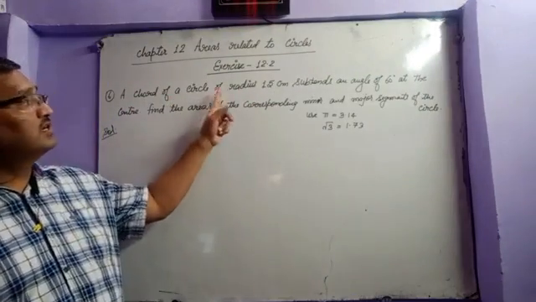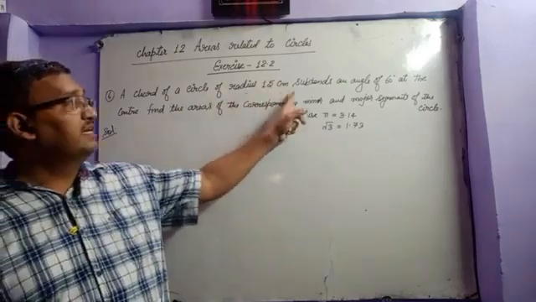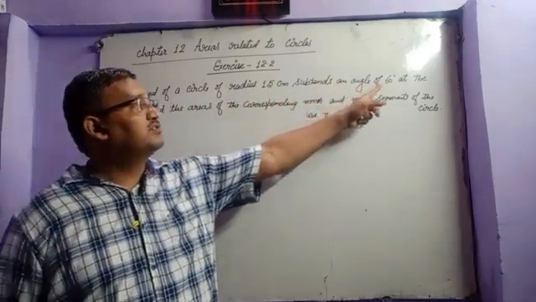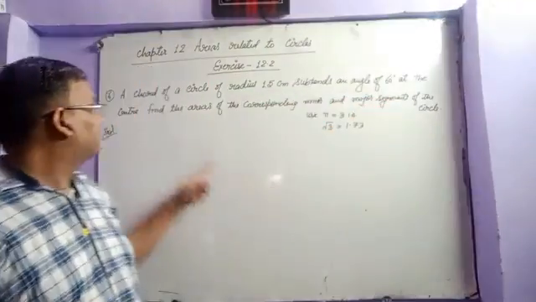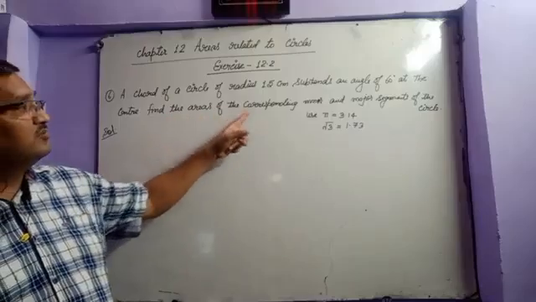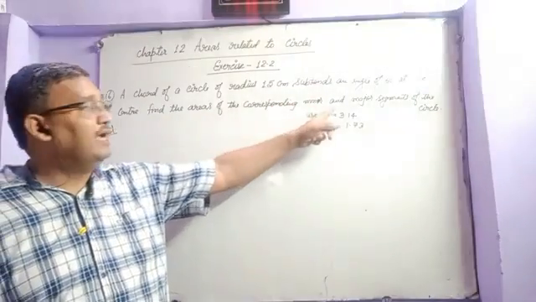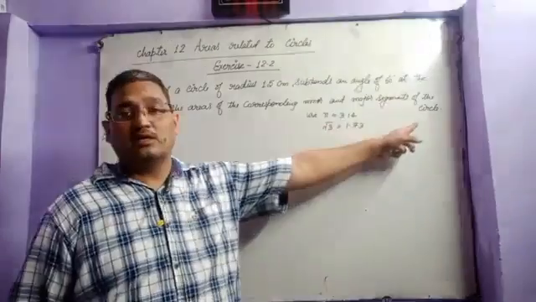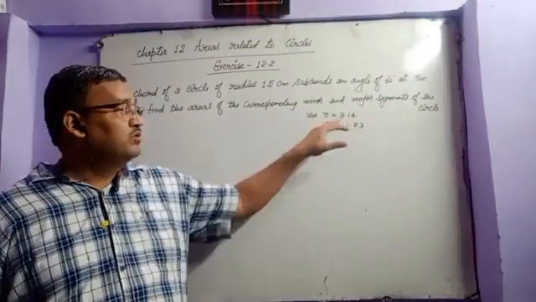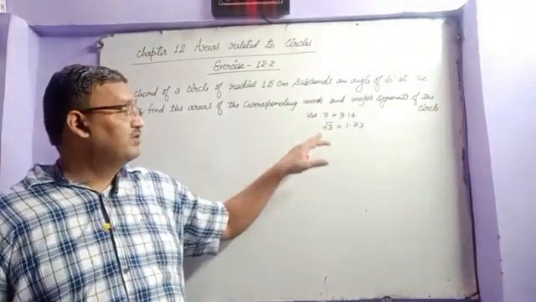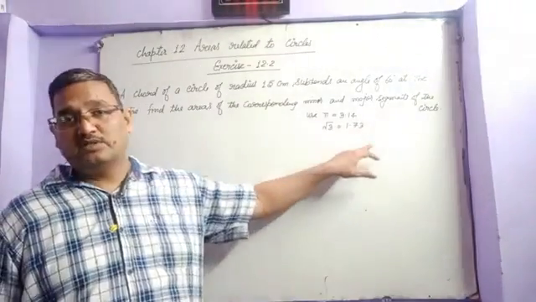A chord of a circle of radius 15 cm subtends an angle of 60 degrees at the center. Find the areas of the corresponding minor and major segments of the circle. Use pi equal to 3.14 and the value of under root 3 we will use as 1.73.